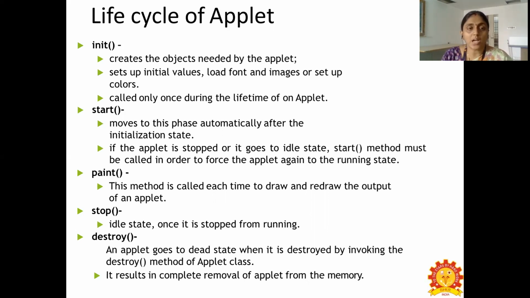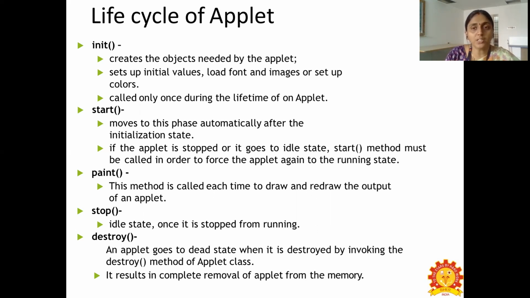Next is the start function, which moves to this phase automatically after the initialization state. If the applet is stopped or goes to the idle state, then the start method must be called in order to resume back to the running state. And next is the paint function, which is called each time you draw or redraw any output on the applet window.